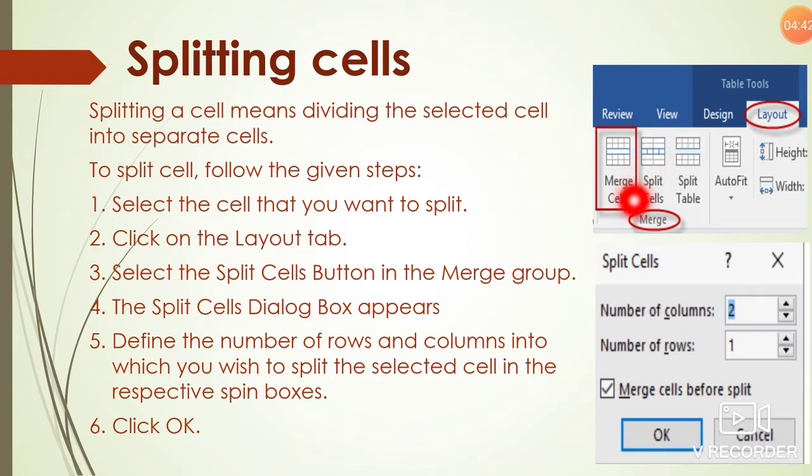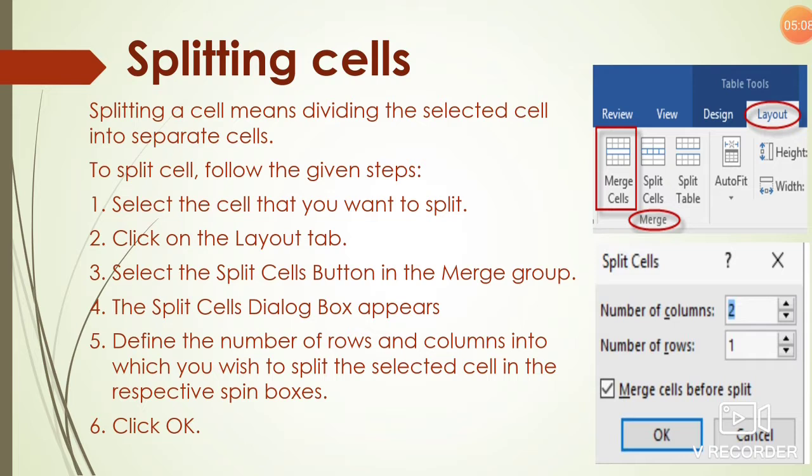When you select this option, a split cells dialog box will appear in front of you in which you can enter the number of columns and the number of rows into which you want to divide your cell, and then click on the OK option, then your cell will be split according to the number of rows and columns you want.